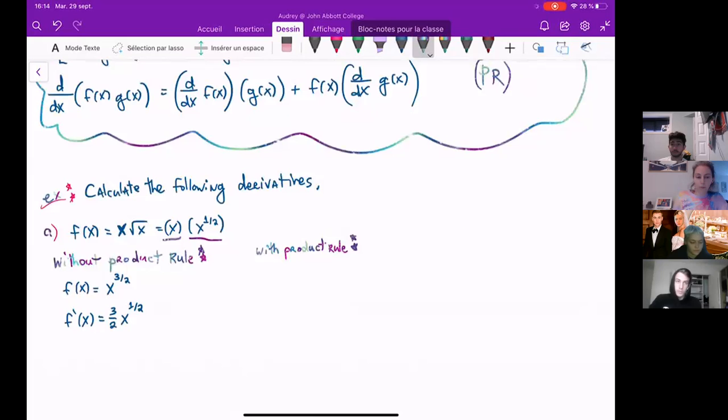So then with the product rule, are there any questions about this brief review that we just did of yesterday? Good. So then with the product rule, I can see that I have two things being multiplied together.